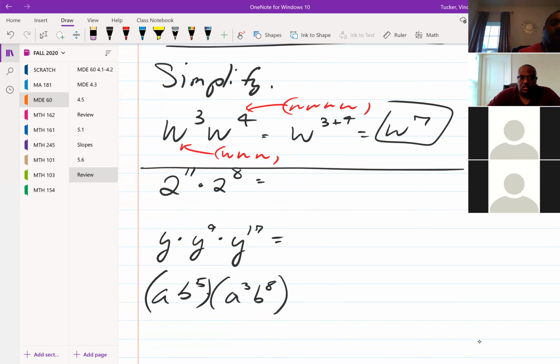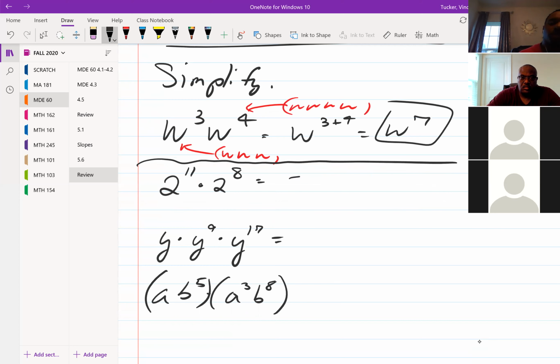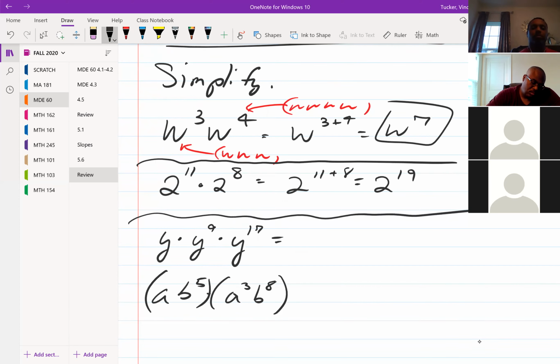All right, so next one, that's just going to be 11 plus 8 for your exponent, which is 2 to the 19th power. Next one, we have y to the 9th and y to the 17th that we're multiplying. You have an exponent of 1 here.